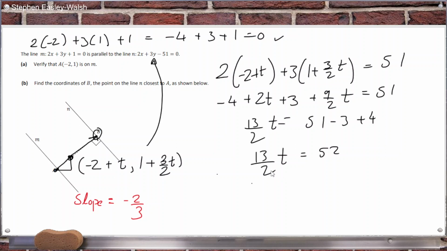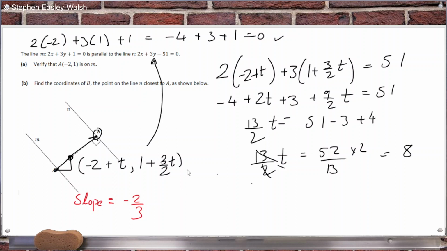And then multiply by 2, 4 times 13 is 52. So I can multiply by 2, divide by 13, and that would be 8.